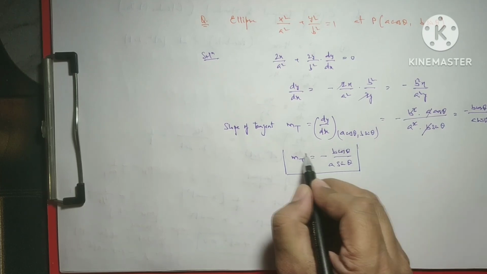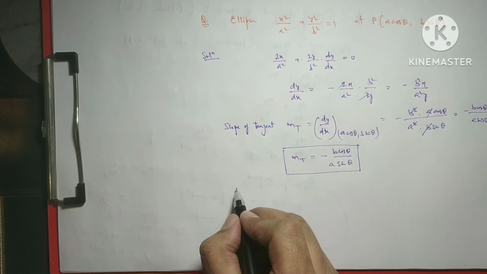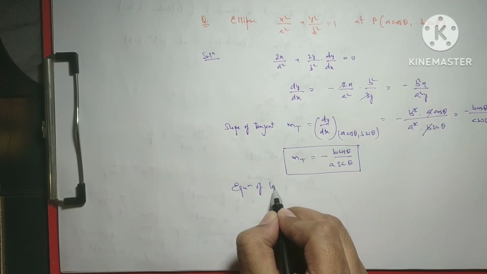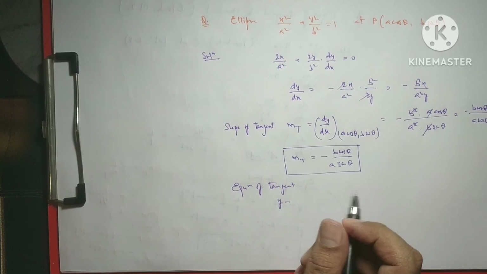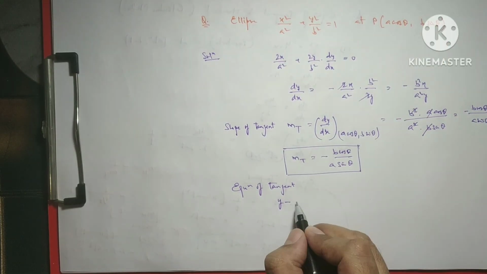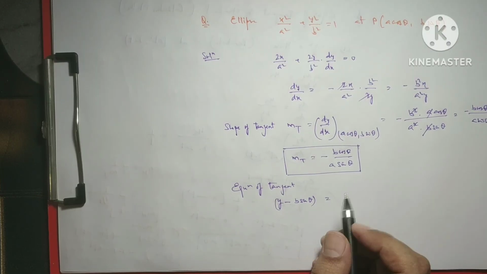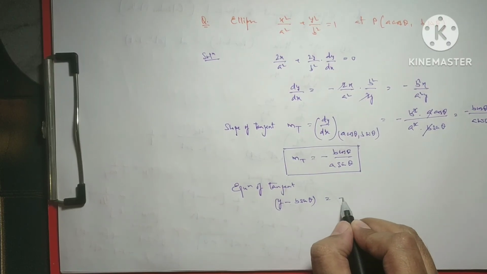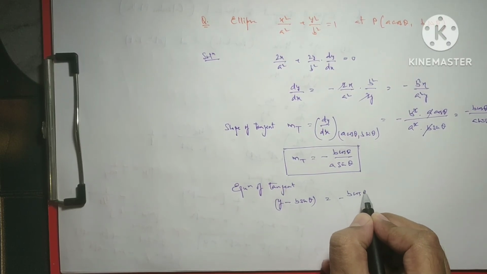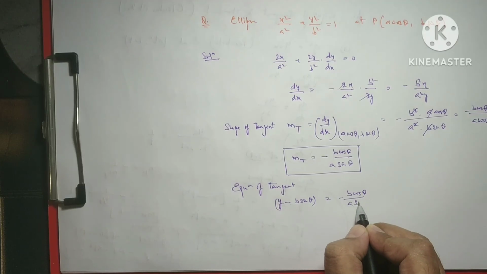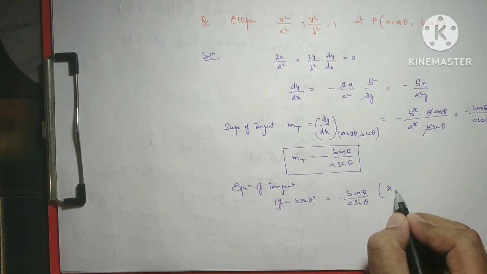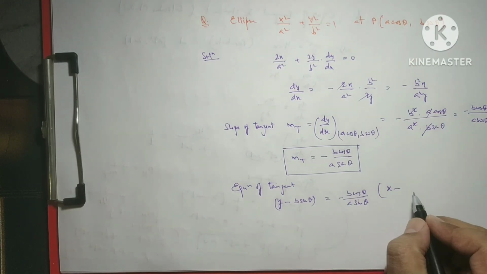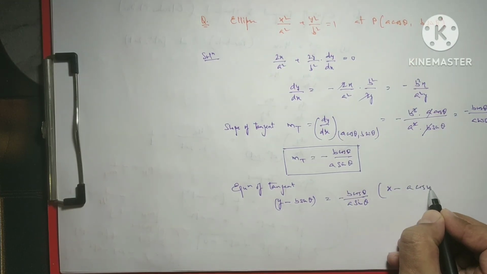So find the equation of tangent. That will be y minus y1. y1 is b sin theta, and mt is minus b cos theta over a sin theta into x minus x1, that is a cos theta.